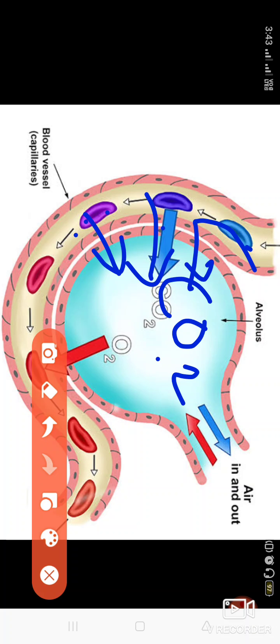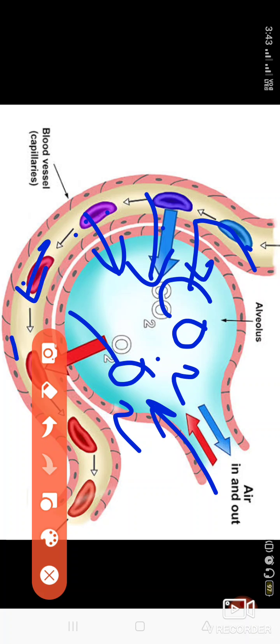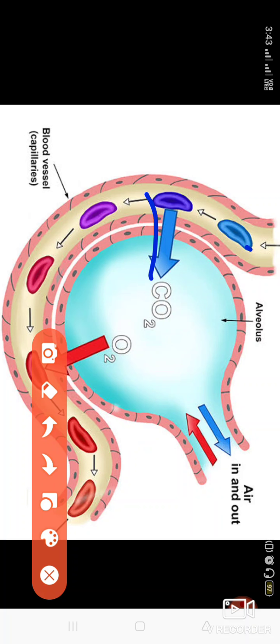That is why carbon dioxide will move out. Now when we are inhaling the air, it will bring oxygen. That oxygen is higher here and lower here. So when the RBCs move from here to here, the oxygen will be absorbed by the blood through diffusion.